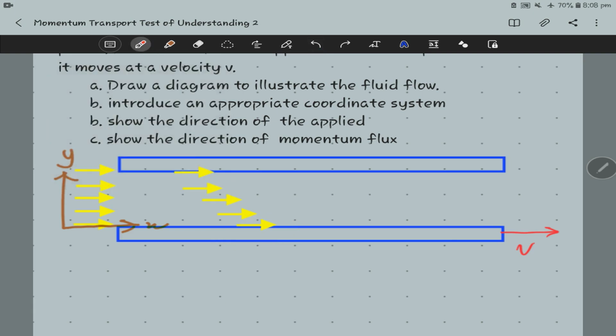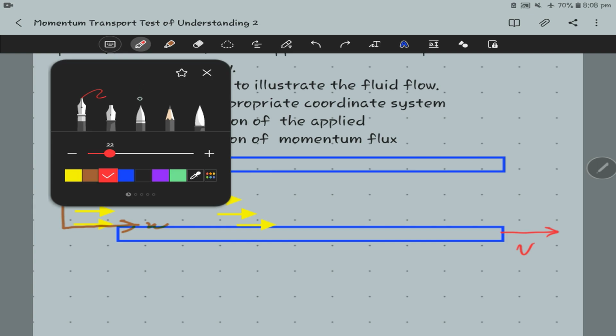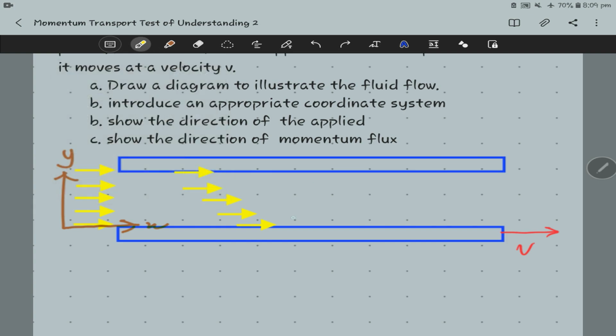So we have this. But if you look at it at the molecular level, what happens is that if we have molecules of the fluid, let's say we are using balls to describe that. We're going to give each layer a different color so we know what's happening.